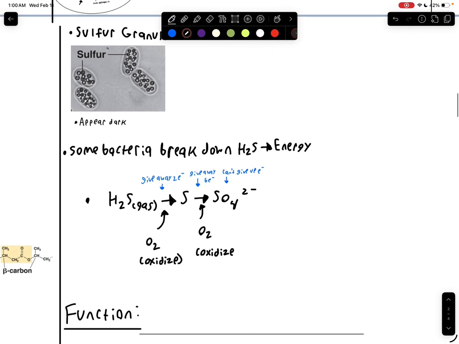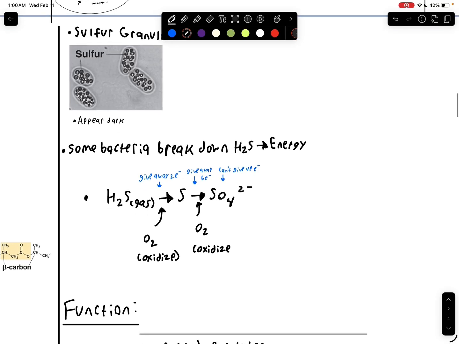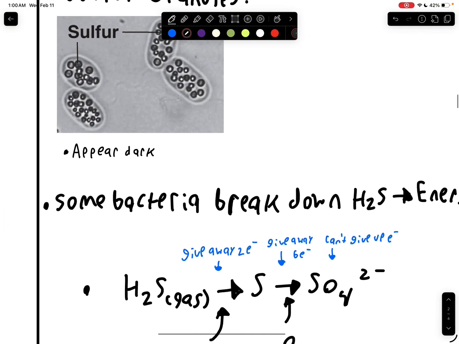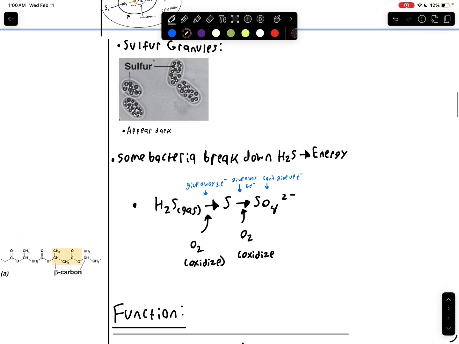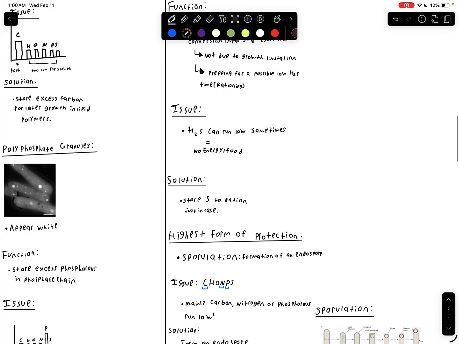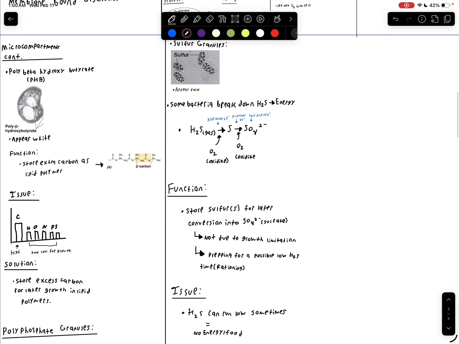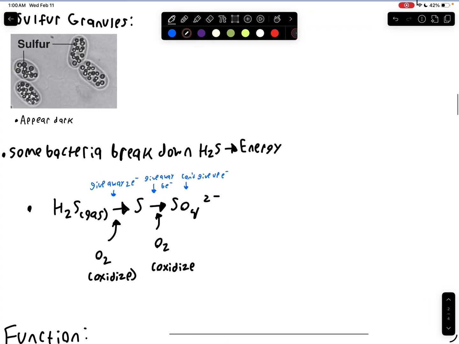Now, there's another one, the sulfur granules. This is slightly different. The reason for that is, first off, it appears dark, and you have to think about the differences between the sulfur granules and these guys over here, the polyphosphate granule and PHB. These guys are limited in their growth, whereas the sulfur granules aren't really based off of growth.